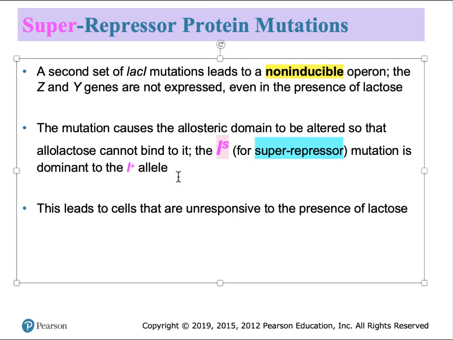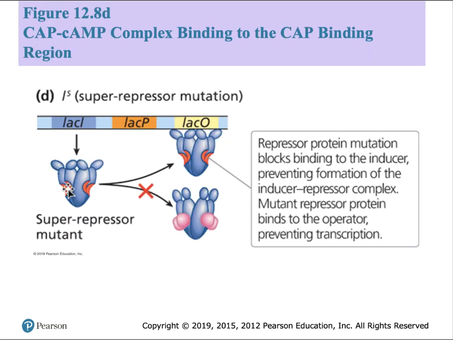So there's three types of mutation for the I gene. The wild type is I plus. The I minus simply means it can't bind to the operator. And then the I-S means that it can't be pulled off by allolactose. The mutation in the Lac-I gene is indicated to involve the allolactose binding pockets. Therefore, allolactose could never bind, and this pathway is not available to this protein.